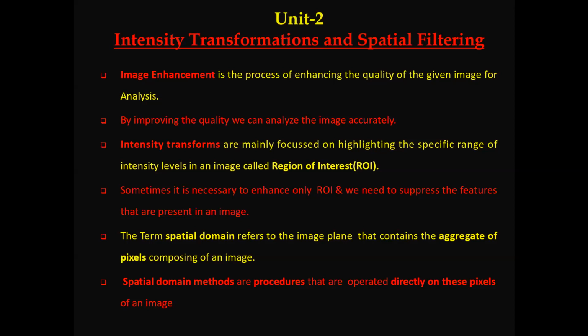So in this case, our region of interest will be the identification of the tumor. We need to enhance the areas where the tumor is present. That is our region of interest, ROI. And the remaining part of the brain image needs to be suppressed.